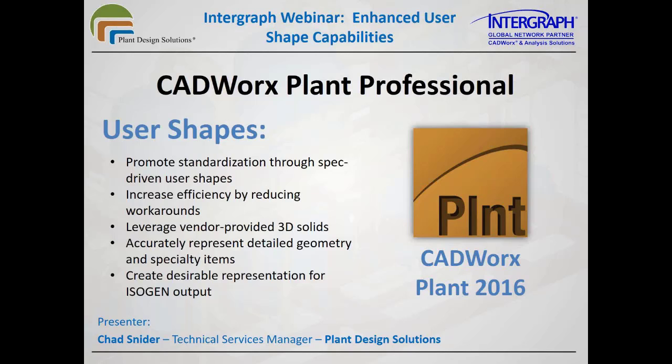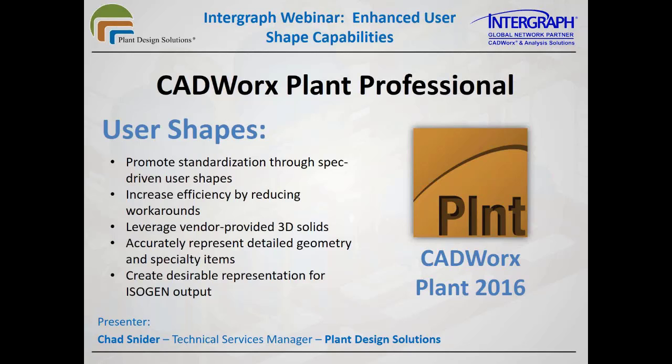Okay, leveraging vendor-provided 3D solids is another big efficiency increase where we're not required to reinvent the wheel or do any AutoCAD 3D modeling. If our specialty items are provided as 3D solids, we can leverage those 3D solids from the vendors. And occasionally we may encounter something that was done in SolidWorks or something that was done in another 3D product.